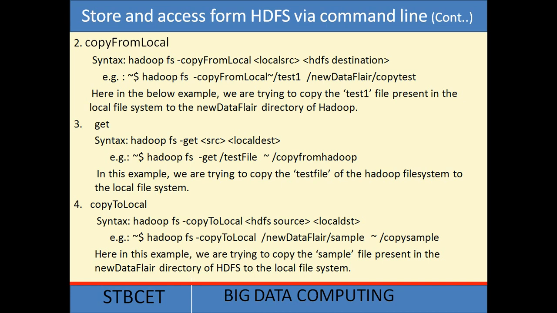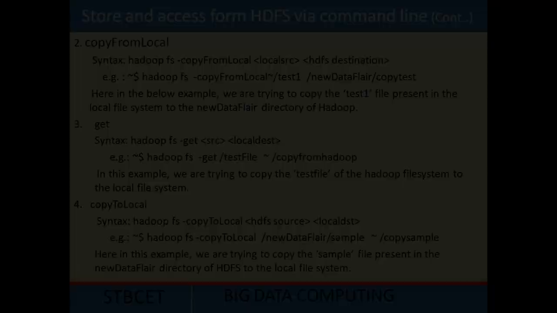That means this sample file, which is in the new data flare directory at the HDFS source location, that means in the name node, and you want to get this file onto your local file system or onto your data node. In that case you have to use the copy to local command.